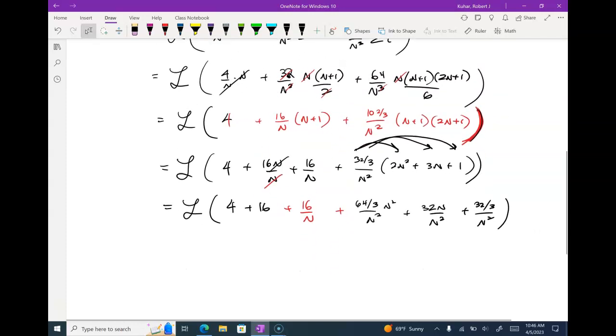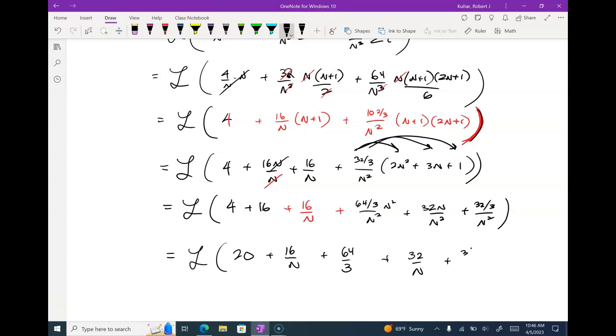It looks like I can cancel a few more things here, right? I've got 20 plus 16 over n plus 64 over 3 plus 32 over n plus 32 thirds over n squared.